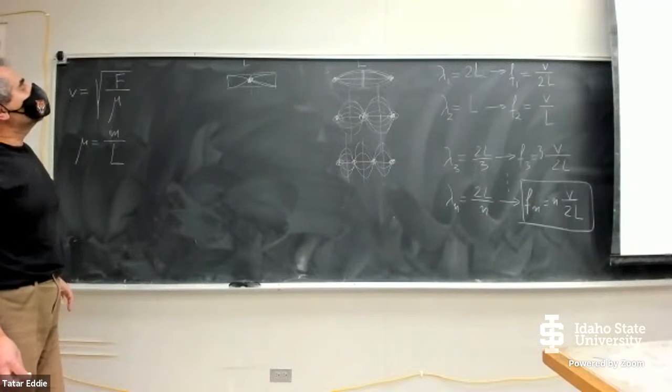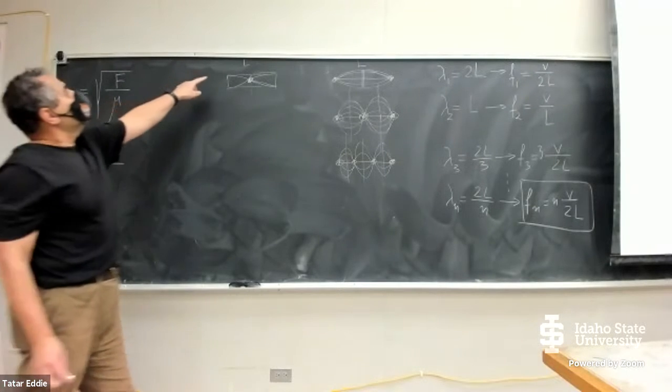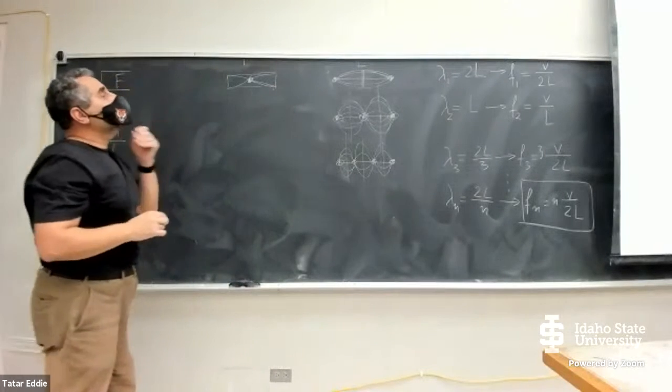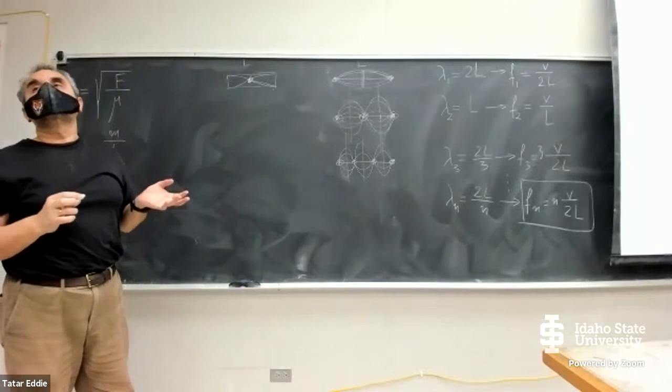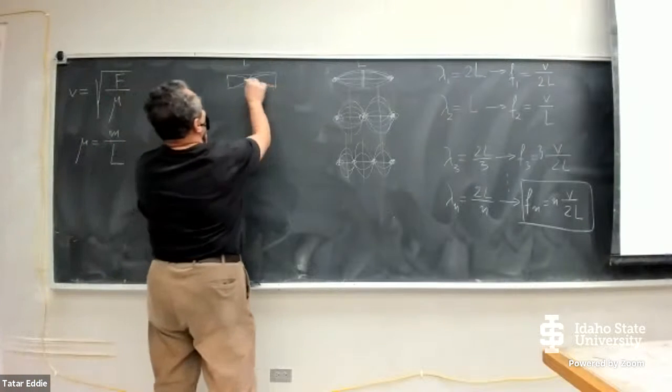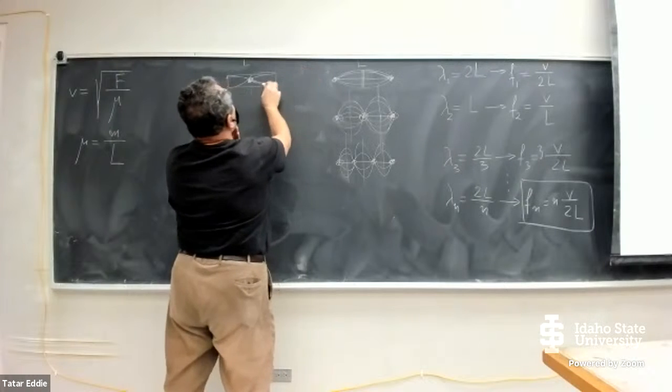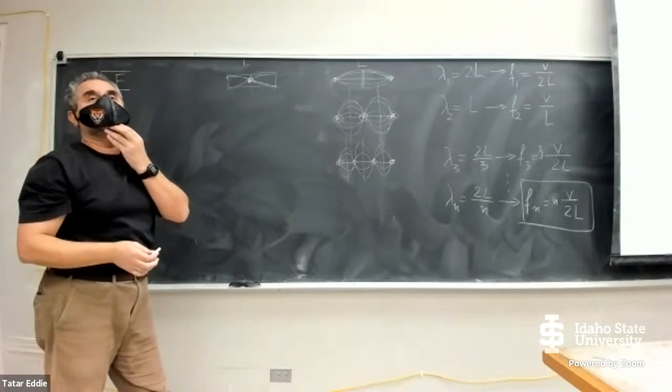And you can see that the length of this first harmonic is exactly equal to 2 times the length of the pipe. So if you take this picture and double it, you're going to get exactly 1 wavelength.